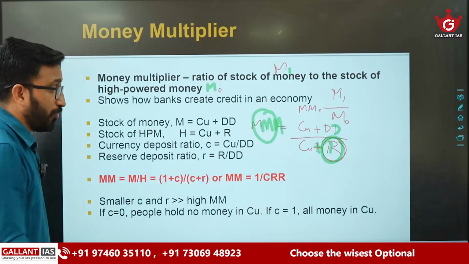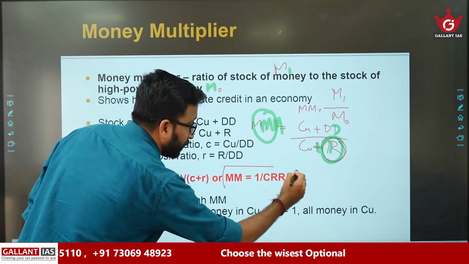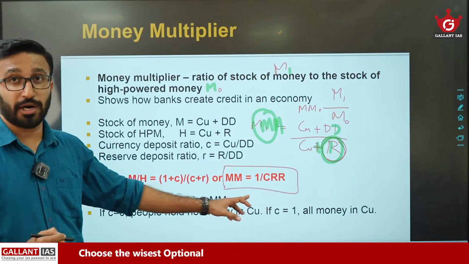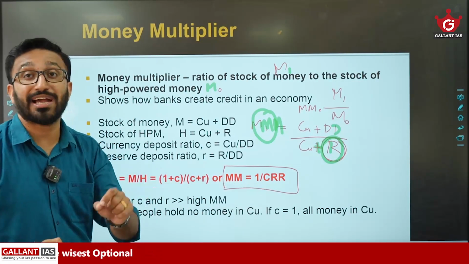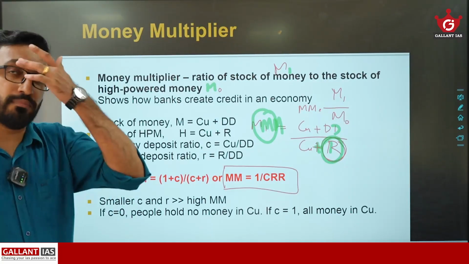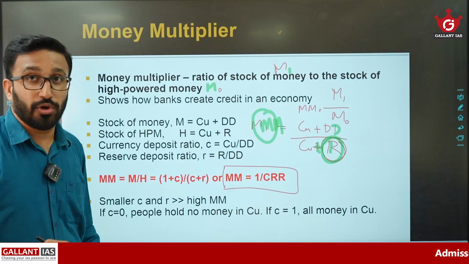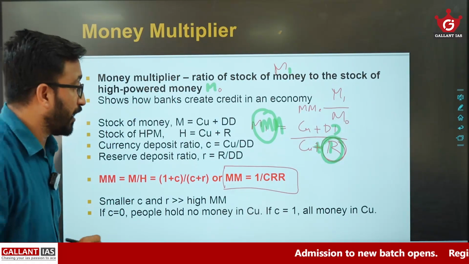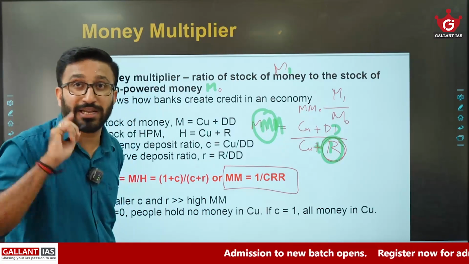And upon further derivation, we will come to this equation. Money multiplier is equal to 1 by cash reserve ratio. Let me go through the previous example. In the previous example, the reserve was 20%.